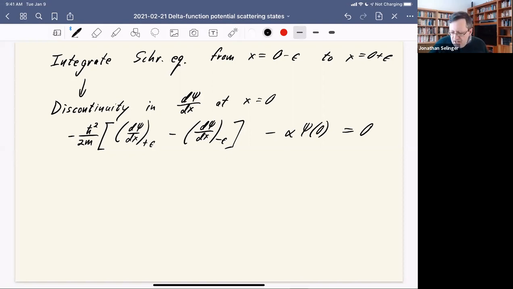That's the equation we derived last week.